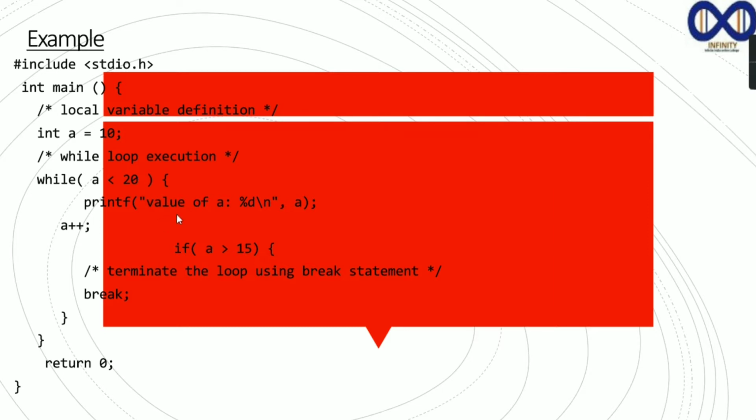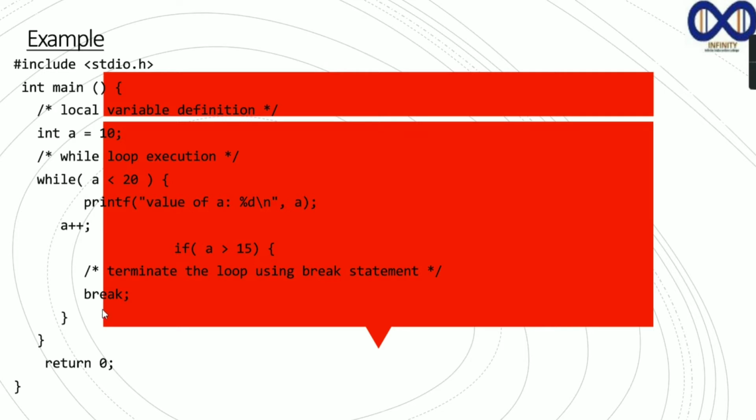Here printf prints the value of a with percentage d and slash n, and then a plus plus. The value of a is 10, and a plus plus makes a equal to 10 plus 1, which is 11. Then if a is greater than 15, terminate the loop using the break statement.